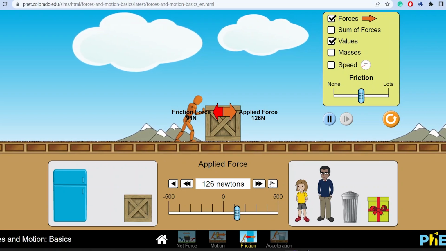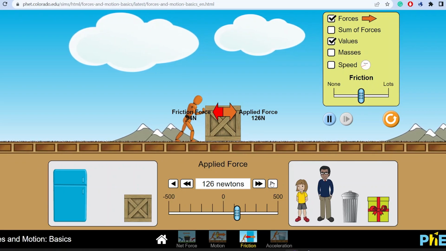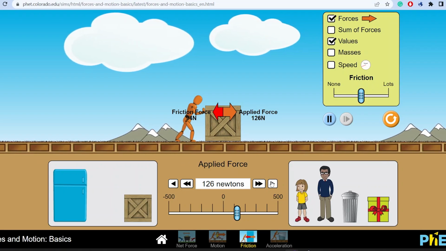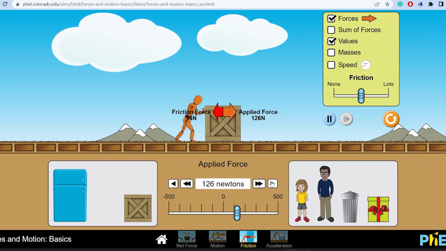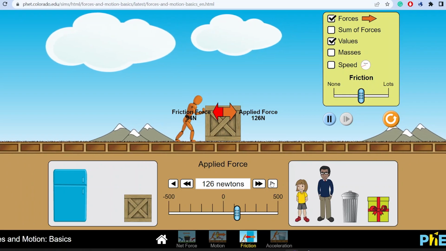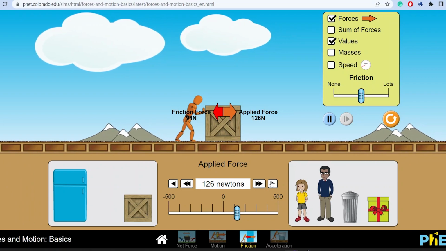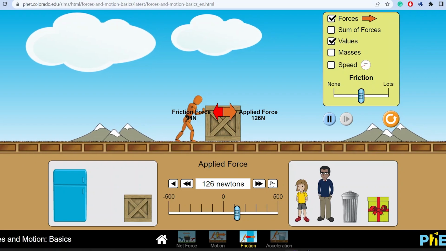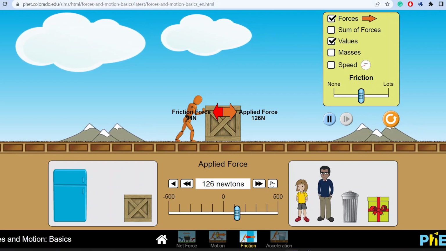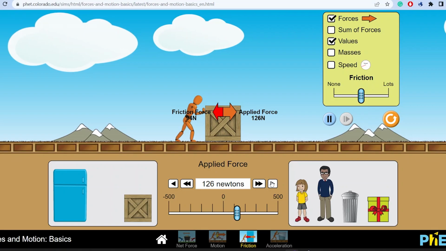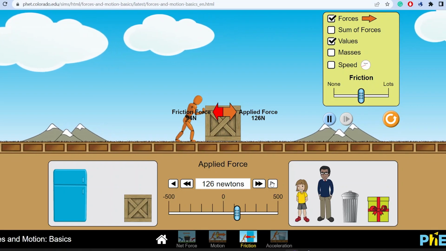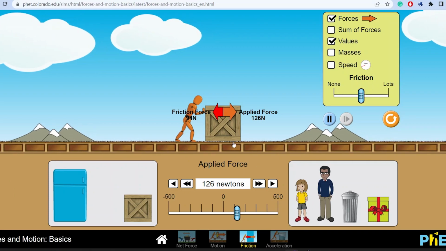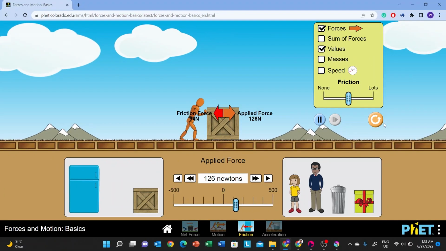That means that the maximum static friction is 125.9 something newtons, or maybe it's 125 newtons exactly, right? The second you go above that threshold, the second you go beyond the maximum static friction, it becomes kinetic friction. And kinetic friction always has a lower value than static friction.